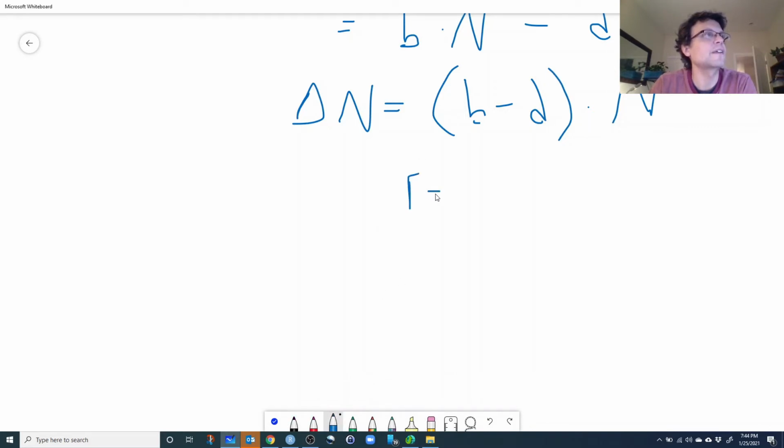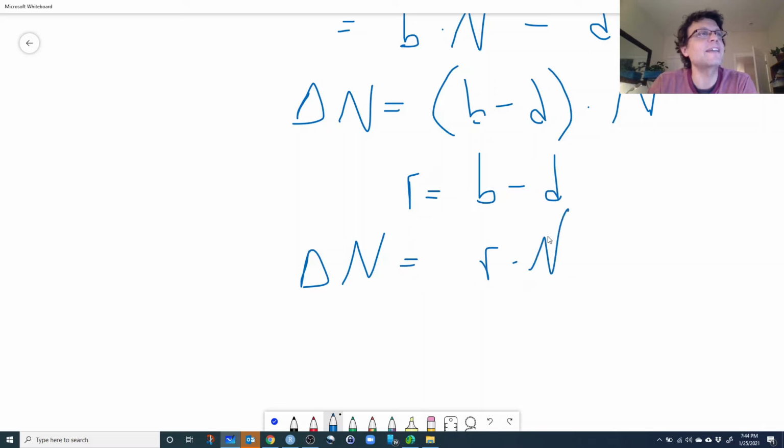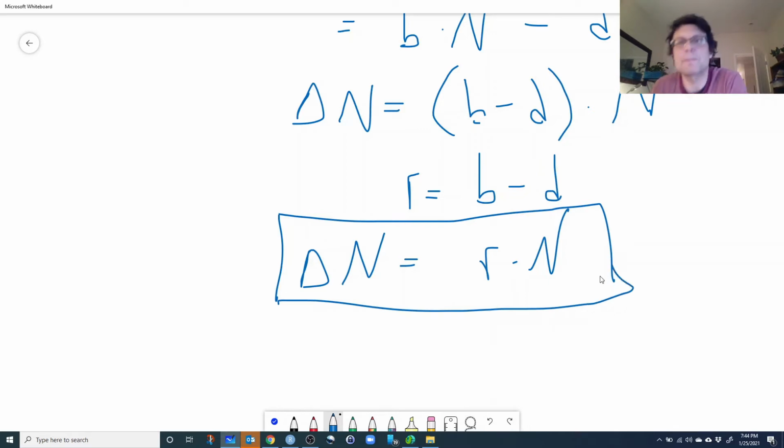So little r is equal to b minus d, and then we can rewrite this equation as delta n is equal to little r times n, which really is the most fundamental equation of population ecology.